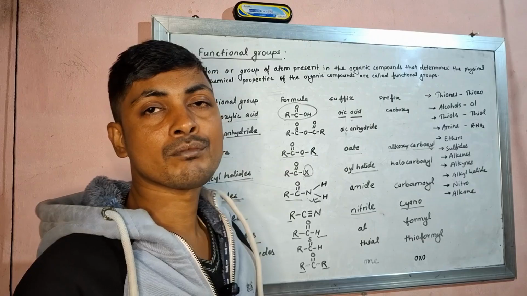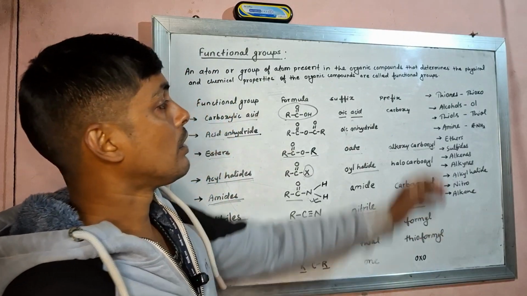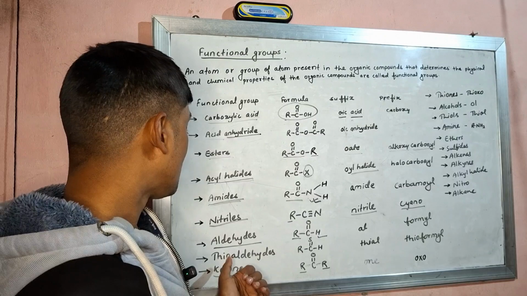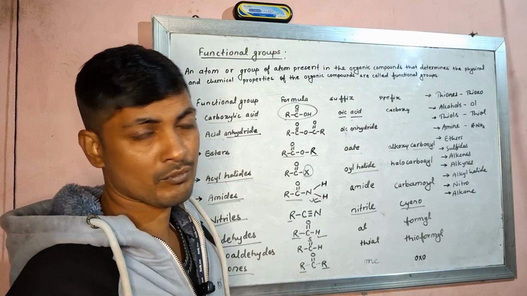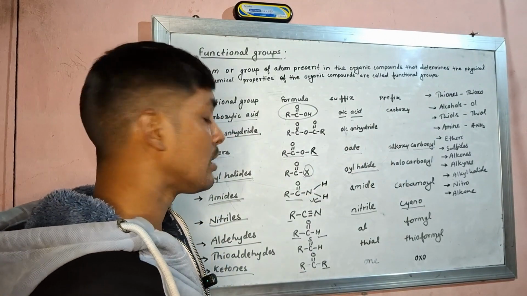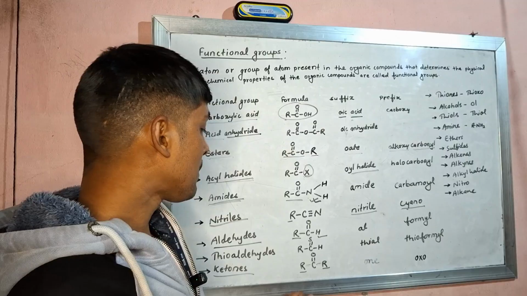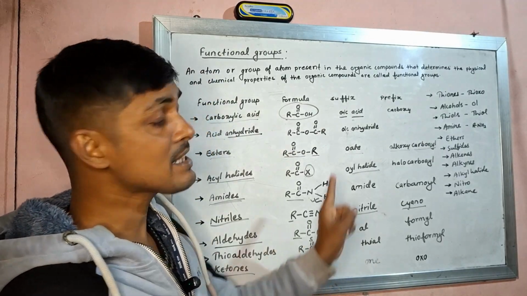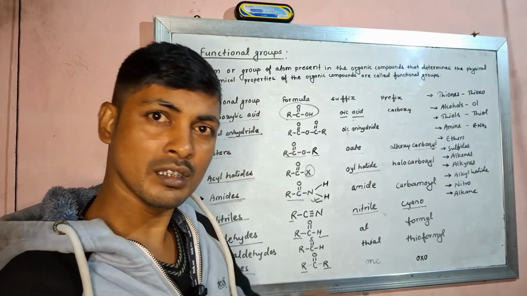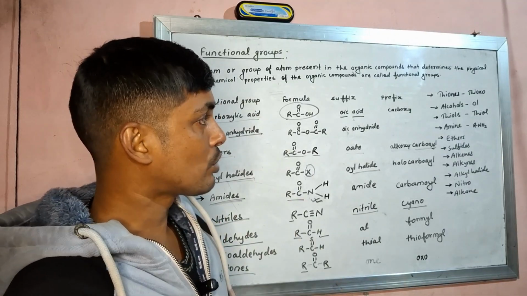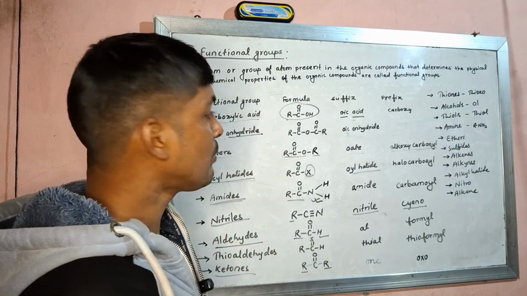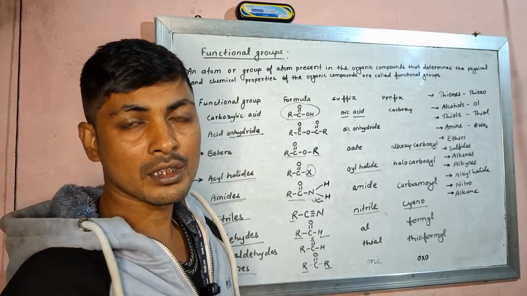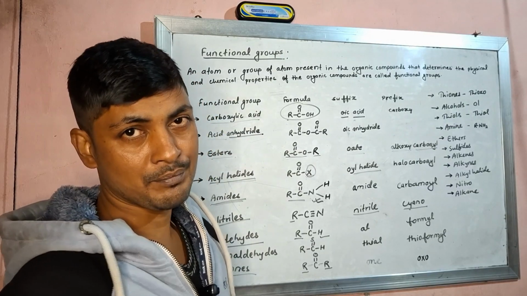There are other functional groups also, like thiones, just like the thioaldehydes. Thiones are the functional group where, in the structure of ketone, in place of oxygen there is sulfur. Then it is called thione. Now alcohol. The alcohol functional group is represented by OH connected to the carbon.